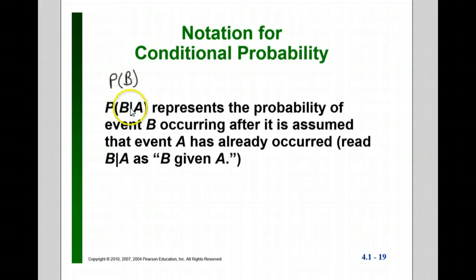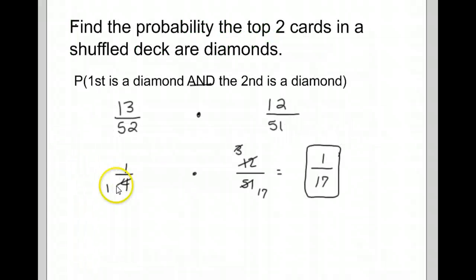But we put a little line and then another event beside that line to say, find the probability B happens given, we usually read that line as given, event A has already happened, or we read it B given A. Find the probability of B given A. But we're saying that this event has taken place, we know the outcome, now find the probability of B. Now if we go back to this example that we just did a little bit ago, this is actually a conditional probability.